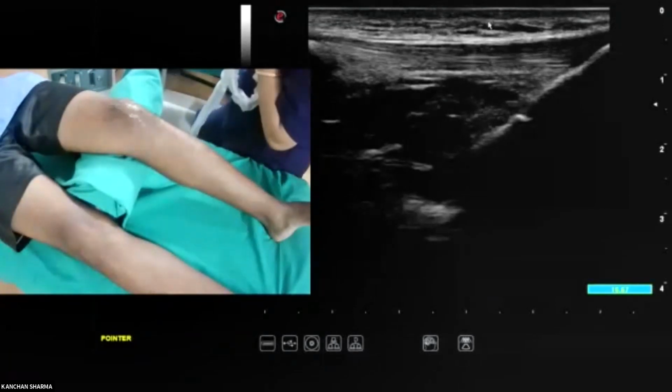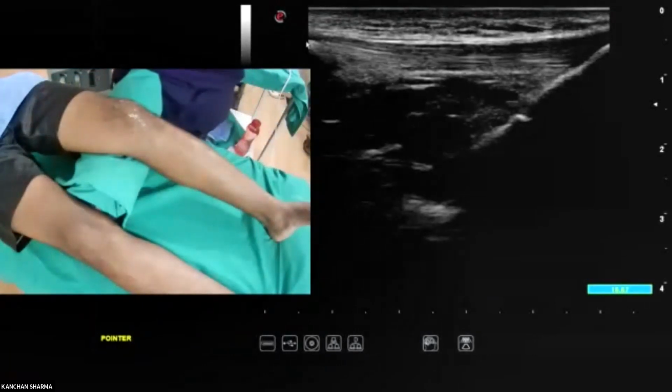And we have learned that the patellar tendon gets inserted on the tibial tuberosity. So now you see, this was the patella lower end, and this is the tibia starting up. But this is not the tuberosity. I will slide my probe down again to show you how exactly the tibial tuberosity will look.